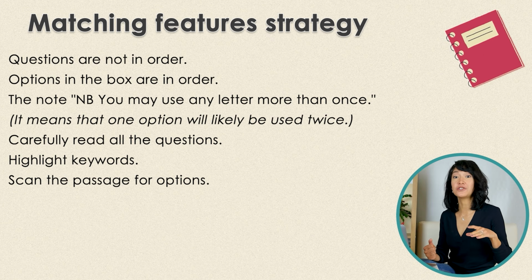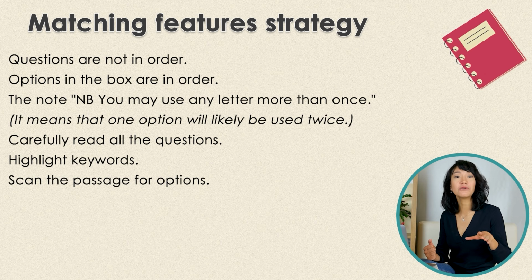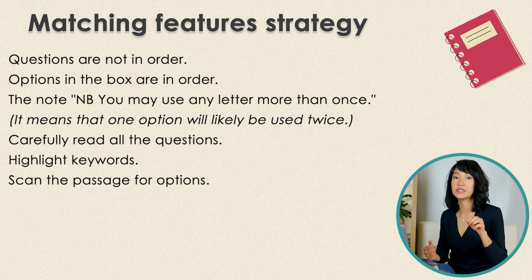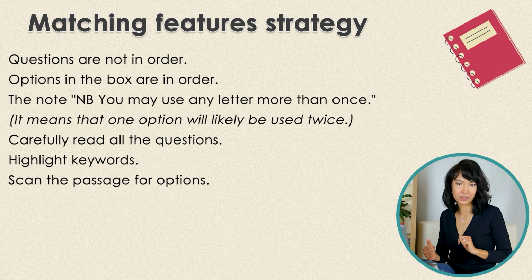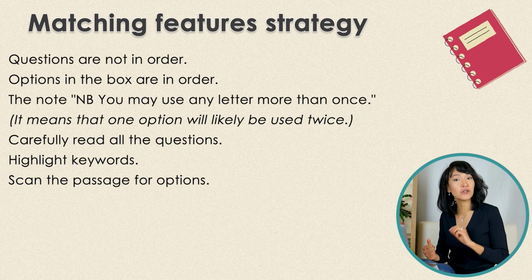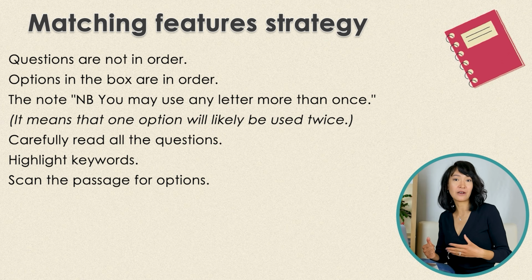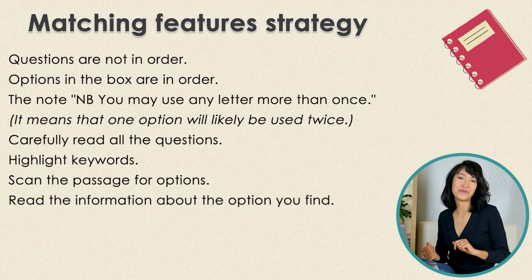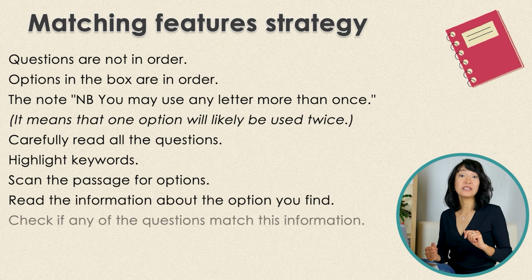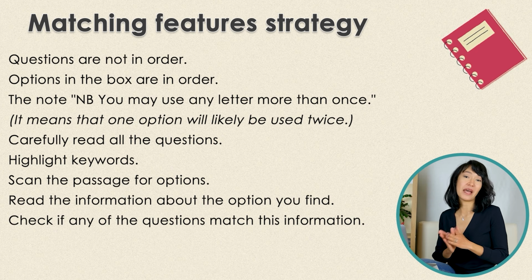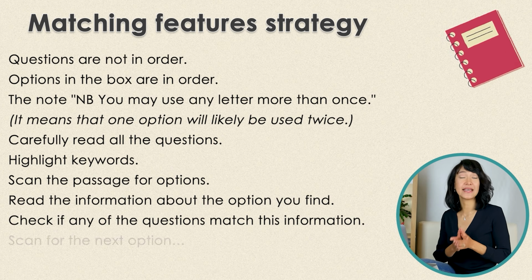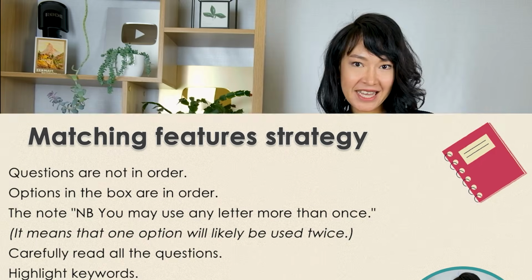But in matching features, that's fine as long as you have very specific options like surnames or professions. When you find an option mentioned, slow down and carefully read the information about it. Check if any of the questions match this information. Then scan for the next option. Let me show you how it works in practice.